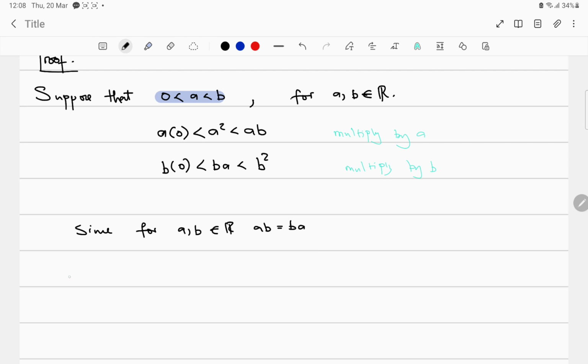So we have a squared being less than ab being less than b squared. This is by transitivity. And you can see as a result that this implies that a squared is less than b squared. As a result, this is what we wanted to prove.